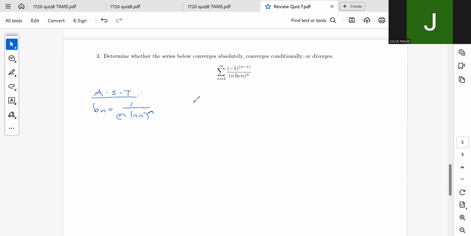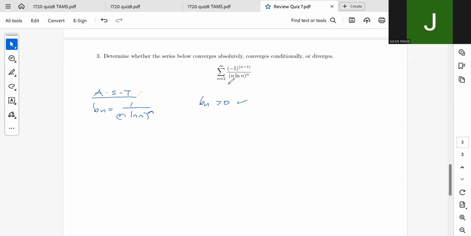The first one is that this Bn is positive, because n starts from 2, and we know the domain of ln. So this function will be positive because our n is starting from 2.